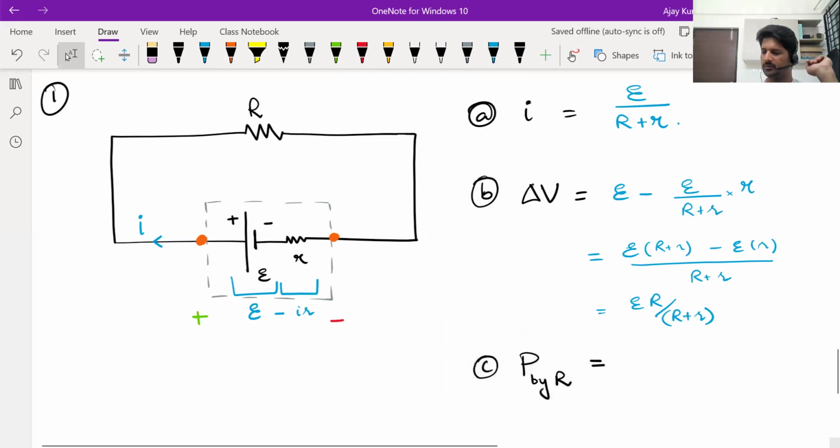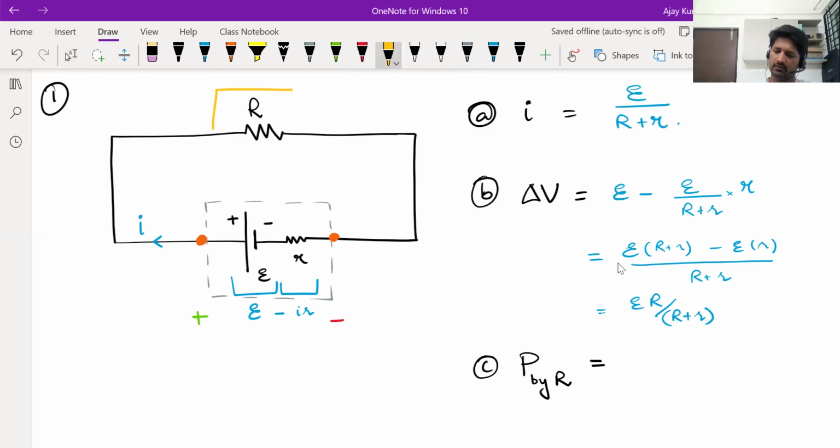Isha, how to calculate power dissipated by a resistor? Okay. Yashmit, how to calculate power dissipated by a resistor? No response. Anyone else? V square by R. You can use V square by R. But for that, you will have to find out V, that's the potential difference across this resistance.